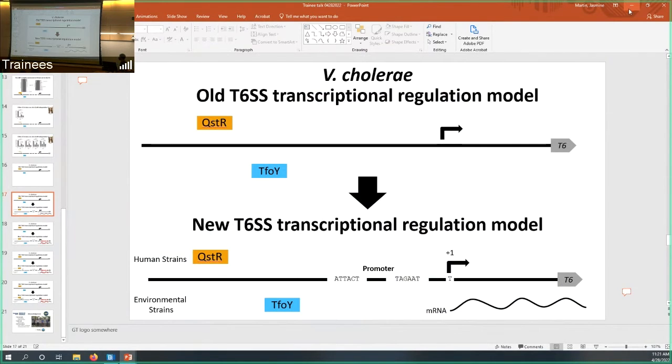Yeah, so there's definitely more mutation within the type 6 gene. To simplify the figure, I only put one block right here, but they actually have a lot of genes clustered together. It's a giant operon. And this mutation is throughout the operon. So it's kind of hard to tell which one is interacting with the mutation within the intergenic region.